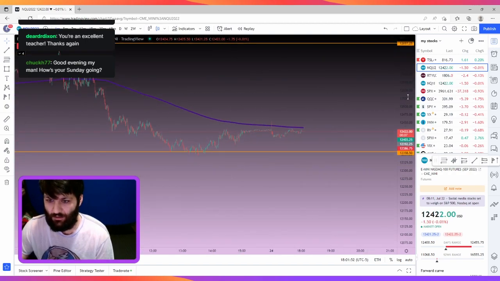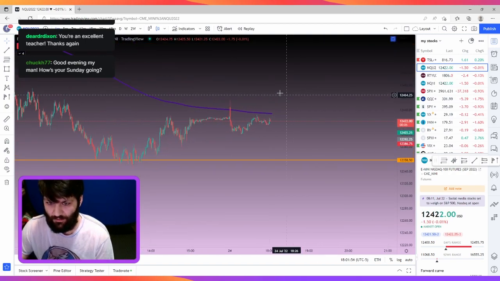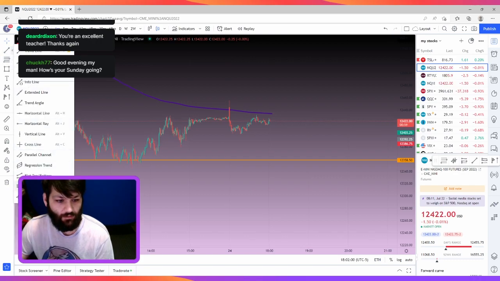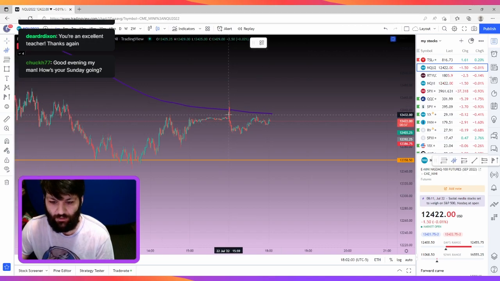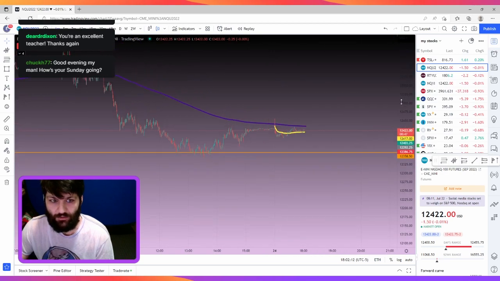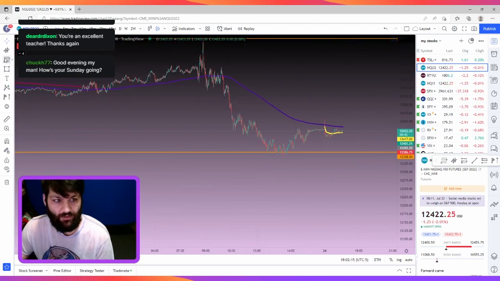So first off, let me go ahead and put my VWAP, which should be right here. Okay, so that's my VWAP. Now I'm also going to go for the whole day of yesterday and do my volume profile.